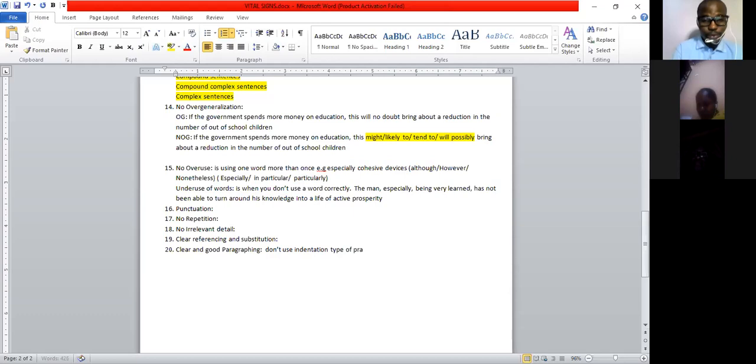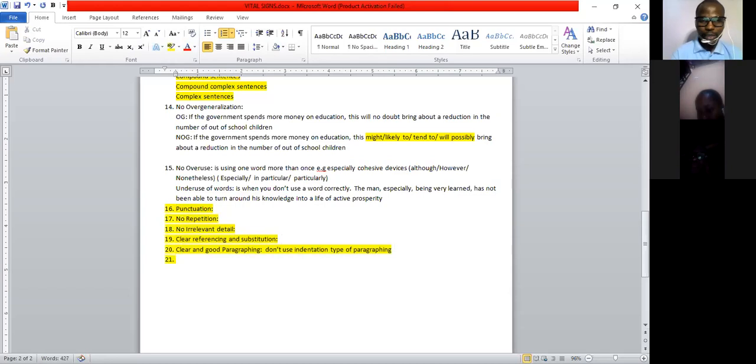The world is fast moving away from indentation form of paragraphing. So basically what you do is you make use of block paragraphing. Like, for example, we have this here. Let's say the whole of this is a paragraph.